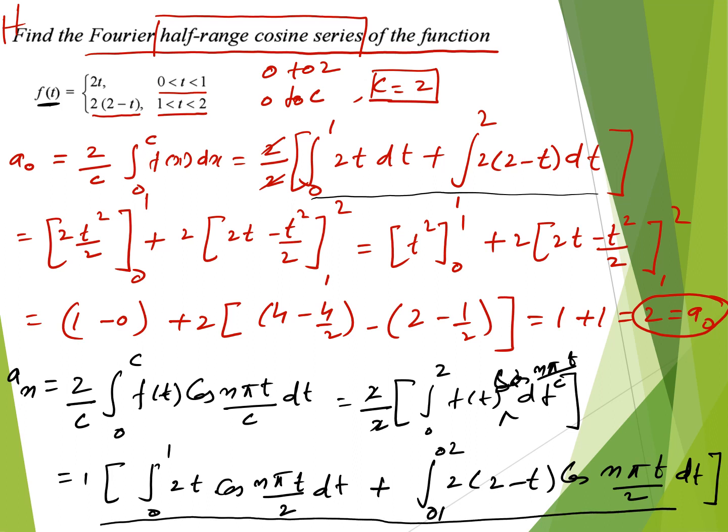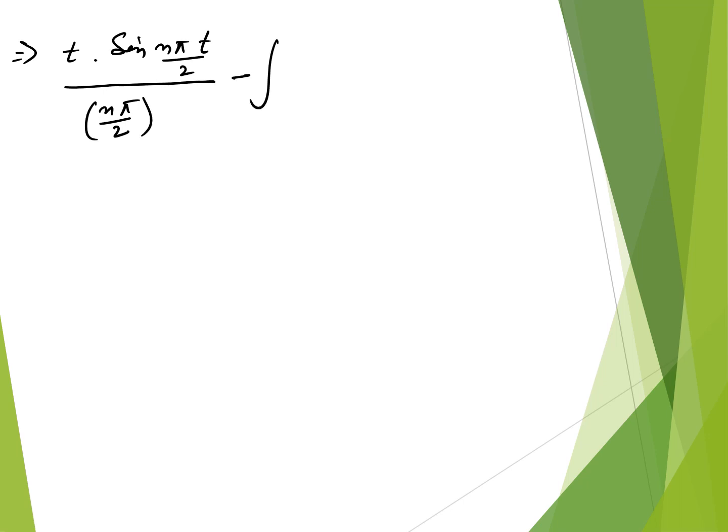after integrating this part by using the chain rule of integration, we get t sine n pi t upon 2 upon n pi by 2 minus integration sine n pi t upon 2 upon n pi by 2 dt.